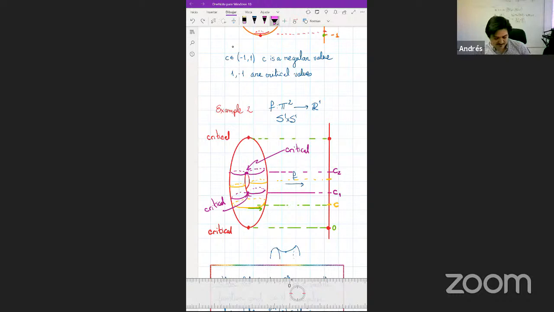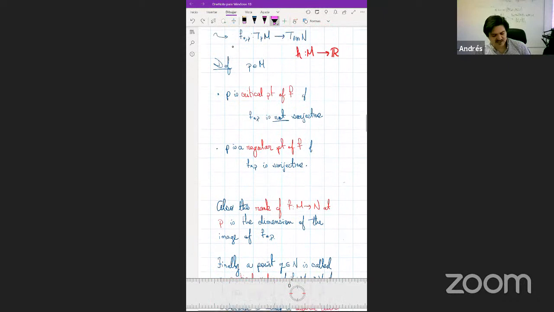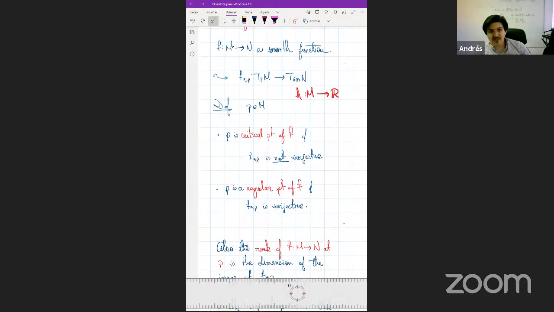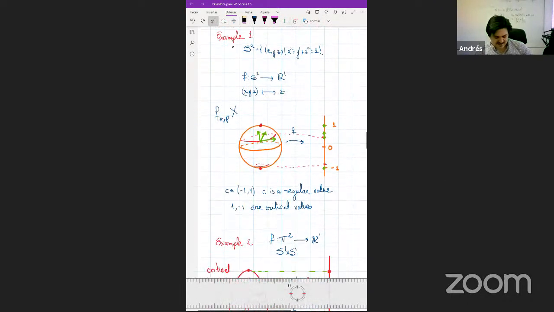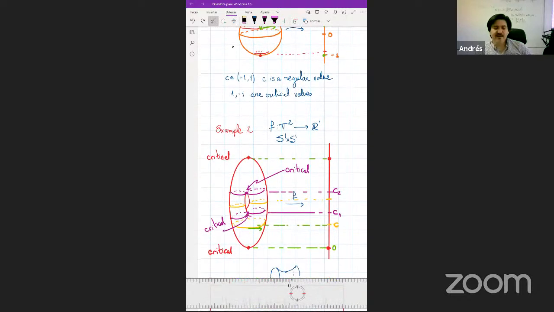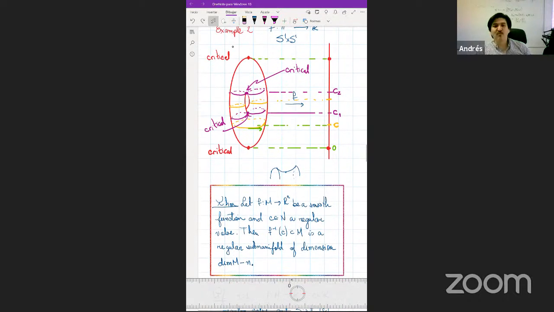Great. So we have seen many concepts on this section. We look at the differential, we define critical points, regular points, as well as critical and regular values. And the way that these new concepts are linked with the first concept that we saw this class is because we can get submanifolds by looking at the preimage of a regular value.